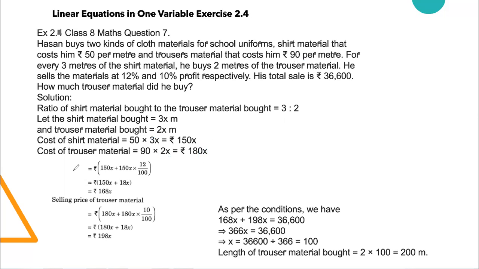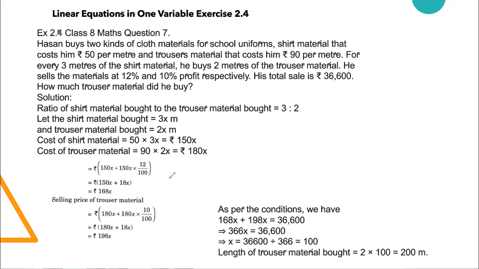Now let us find out the selling price of the shirt material. How do we find this? It is quite simple. So 150x is our cost of the shirt material, right? Again, he sells that 150x at 12%. 12% means that's quite simple, 12 by 100, isn't it?